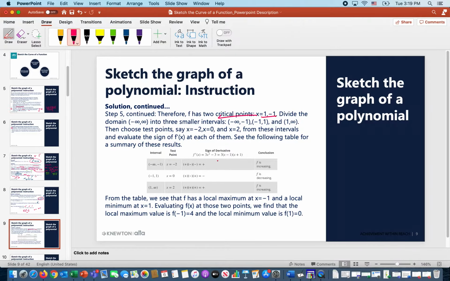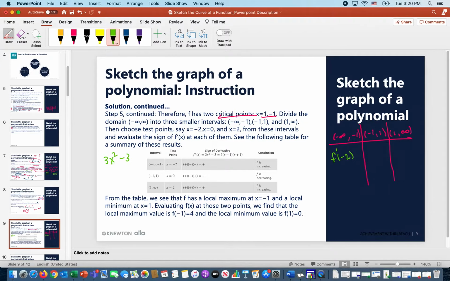Now remember from our previous sections, what we do is we set up these intervals and we plug values from each interval into the derivative. So if I take a value like negative 2 and I plug that into the derivative, remember the derivative was 3x squared minus 3.